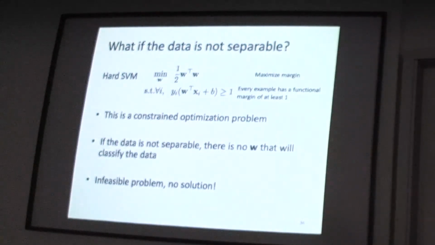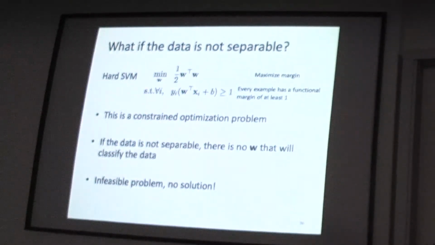So from the constraints, we can see that we not only require every example to be correctly predicted, but also this score must be at least 1. This is a very strong requirement. It requires the data to be linearly separable, and also you need to find a good classifier that has quite a large margin.